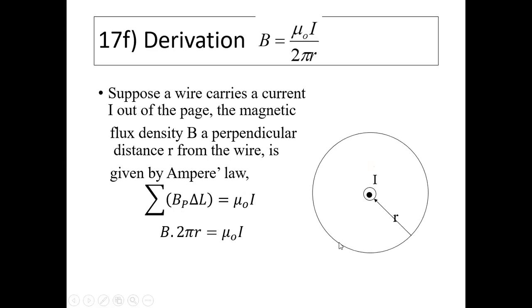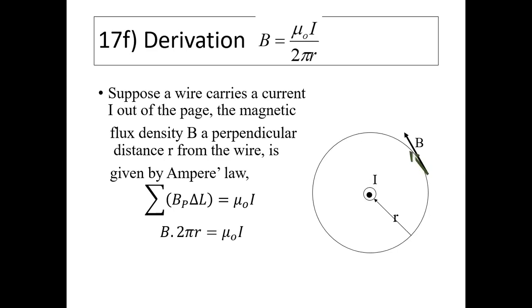So that is your perpendicular distance r, and there's your B. You look at this point there, you remember the right hand curve rule. Coming out of the page there, so it's anti-clockwise.